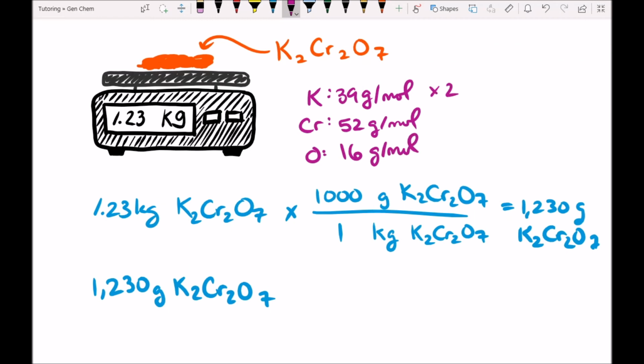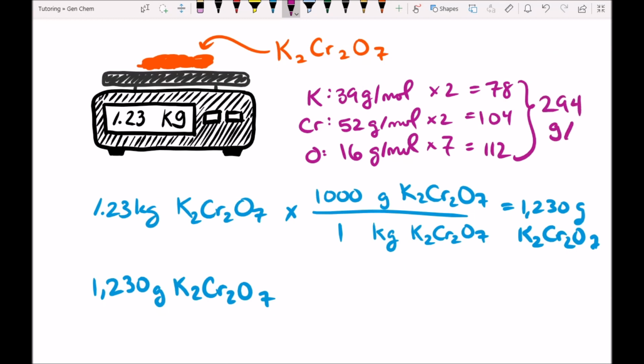There's 2 potassiums, 2 chromiums, and 7 oxygens. So we have 78 for potassium, 104 for chromium, 112 for oxygen. Adding this all together, we have a molar mass of 294 grams per mole for potassium dichromate.